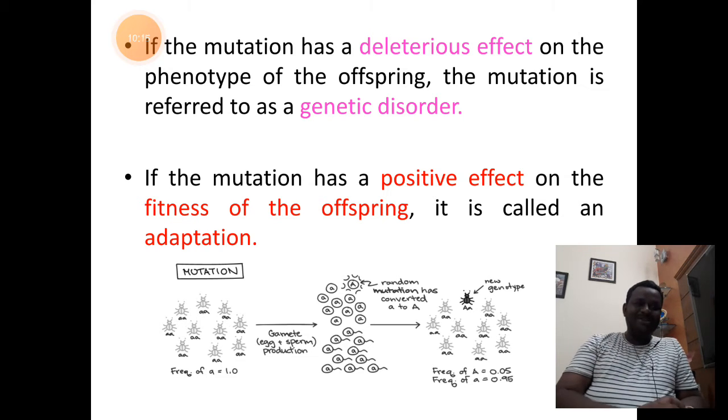So there are mutations where we find those mutations or genetic variations help the organisms or mutant forms to survive better in the environment. So it's a positive effect. And the result is fitness of organism to the changed environment. So it is also called adaptation, as we have learned in the previous slide and session.